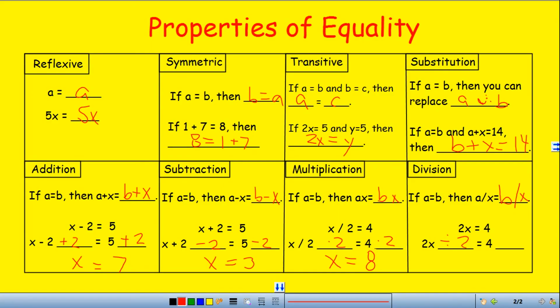The division property of equality says that I can do that exact same thing on the other side. Divide by 2. So 2 divided by 2 is 1, leaving me with 1x, or just plain x, equals 4 divided by 2 gives me 2.